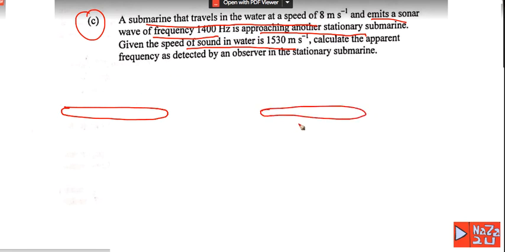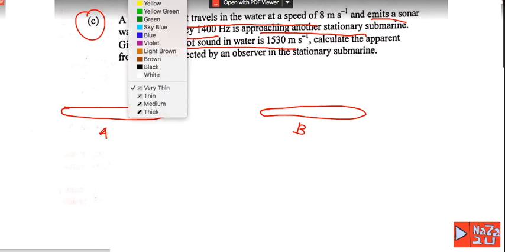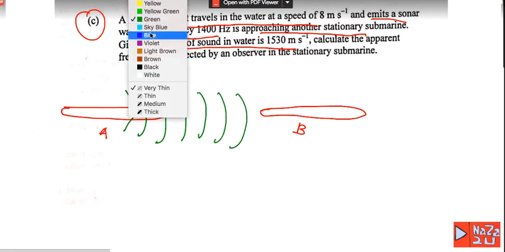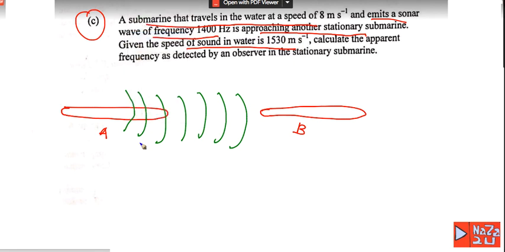Let's say this is B and this is A, and submarine A emits the sonar sound wave, approaching submarine B, and submarine B is stationary. Stationary means v is equal to 0.